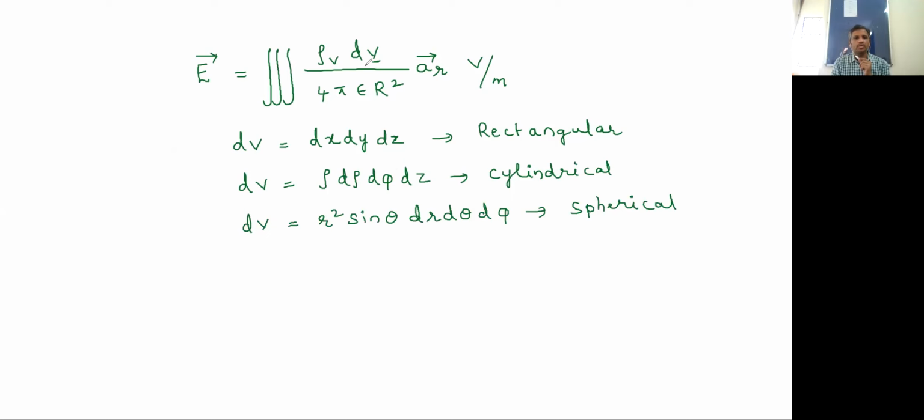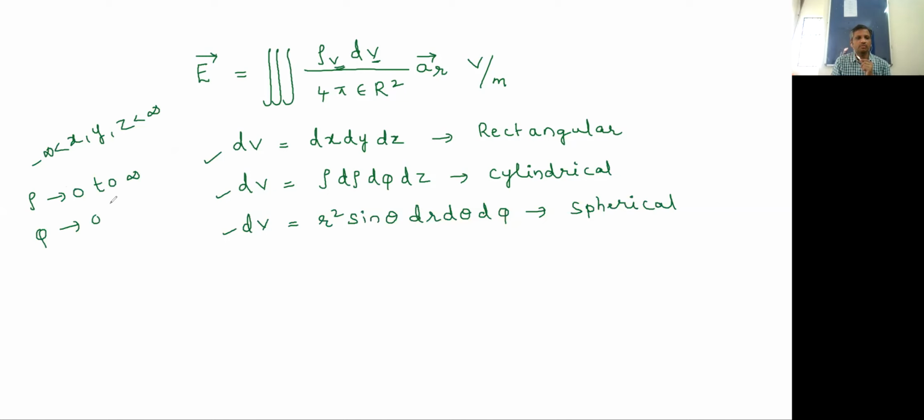So when rho v and dV are given, you have to identify in which coordinate system rho v is given, and select that particular dV here, and the limits of x, y, z will be given. Otherwise, you have to take the universal limits. x, y, z will be from minus infinite to infinite, and rho limits are always from 0 to infinite in the cylindrical coordinate system.